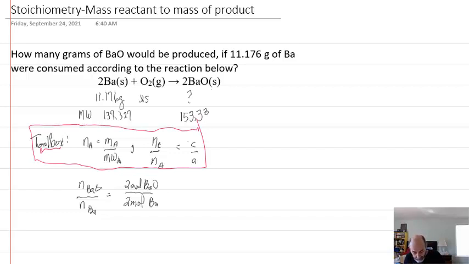Now we're not given moles, we're given mass, so we have to replace the number of moles in here with mass. So let's do that.